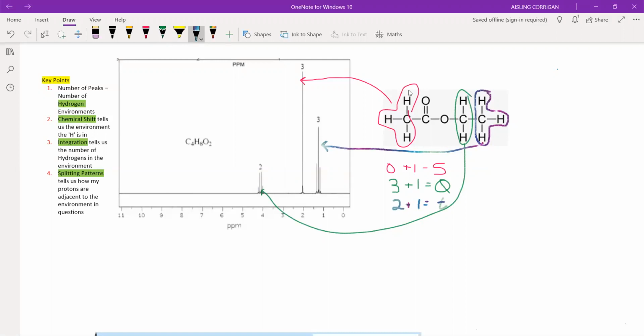So that's good, we can figure that out. Splitting patterns are good for helping us find out which environment goes where. What you can always think about, when you think about chemical shift and the environments they're in, is the one that's furthest shifted to the right experiences the most effect from the electronegative atom.